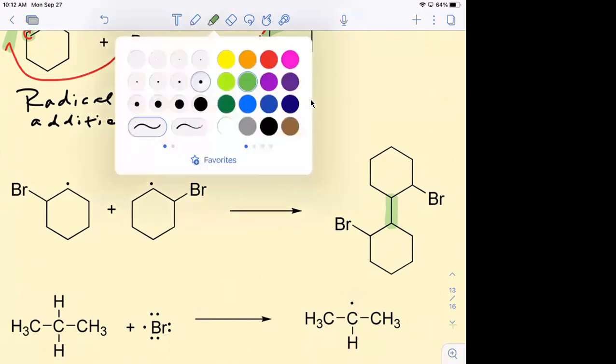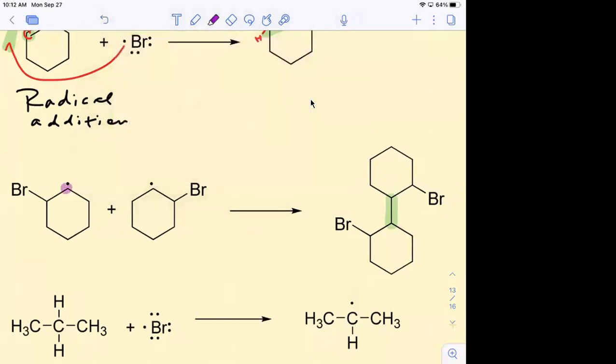Right here, you made a bond between this carbon and this carbon. So all I need to do is show the electrons coming together. That's the difference between homolytic and heterolytic: if it's homogenic bond formation, both atoms that are reacting are bringing that one electron to the table.